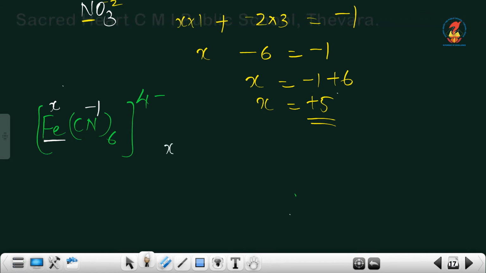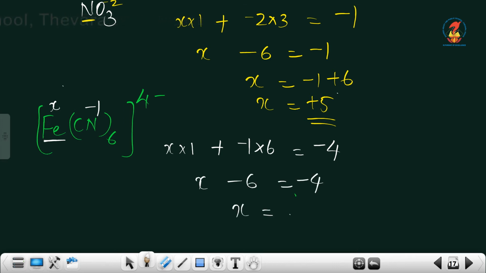So we can write it as X into 1 plus minus 1 into 6 equal to minus 4. So X minus 6 equal to minus 4. So X equal to minus 4 plus 6, that is equal to plus 2. So the oxidation state of iron in this complex is plus 2.